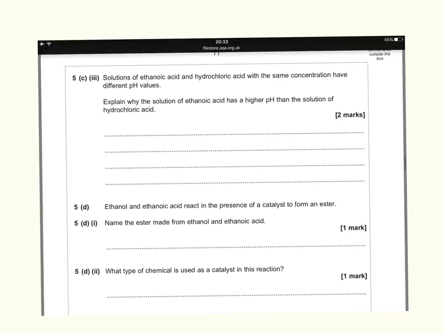Solutions of ethanoic acid and hydrochloric acid with the same concentration have different pH values. Explain why the solution of ethanoic acid has a higher pH than the solution of hydrochloric acid. So ethanoic acid, remember, is about pH 3, we said. Hydrochloric acid, pH 1.